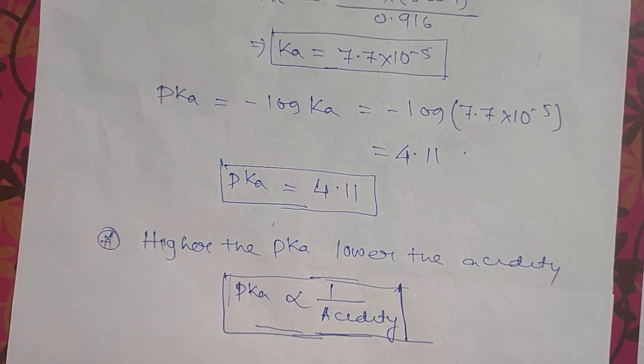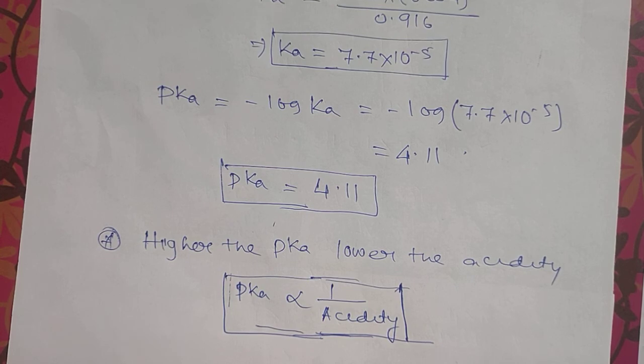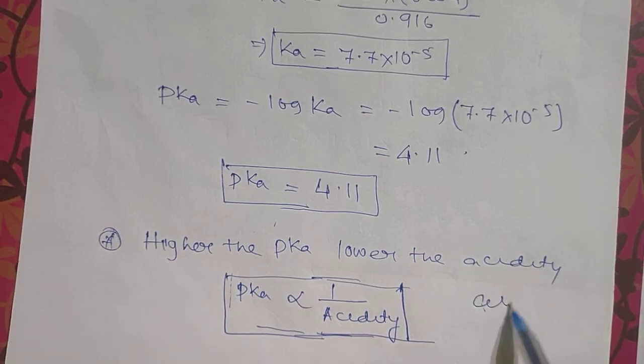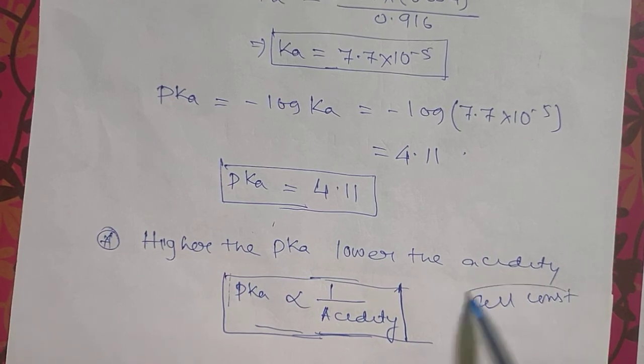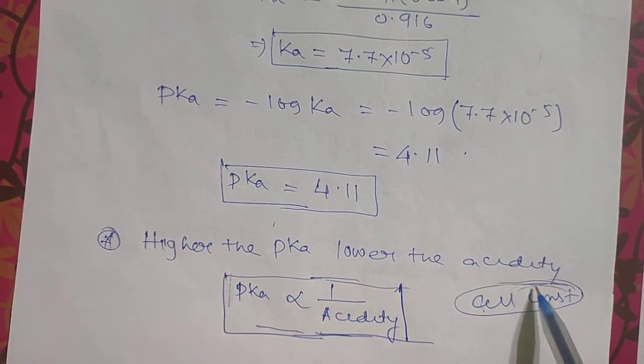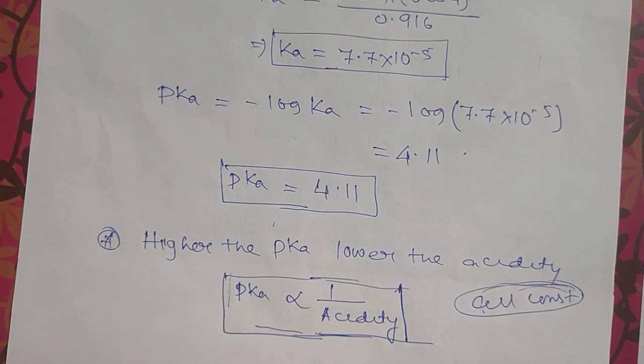They can also give two acids and ask which is the strong acid by calculating the pK, that's for organic chemistry. So a number of equations and concepts are there in this problem. And one thing is that the cell constant is also given, but it is of no use here. It is just given to confuse you.